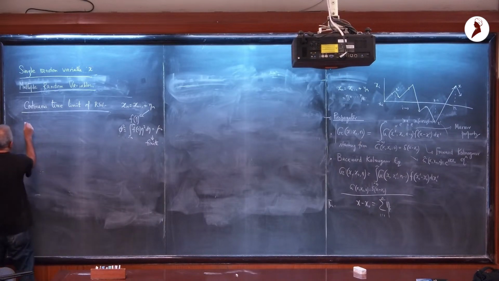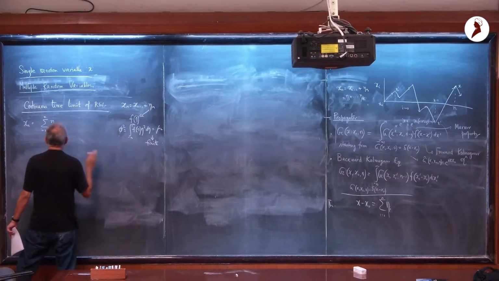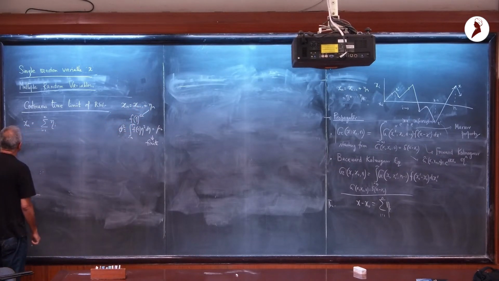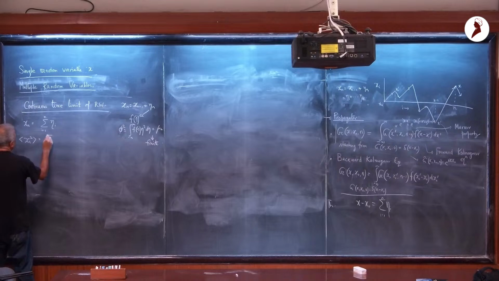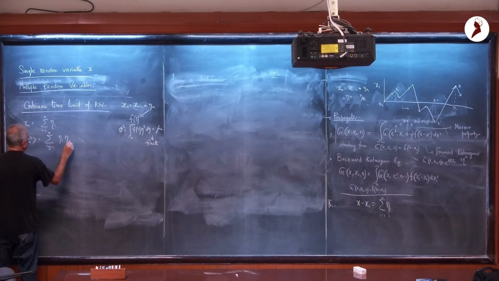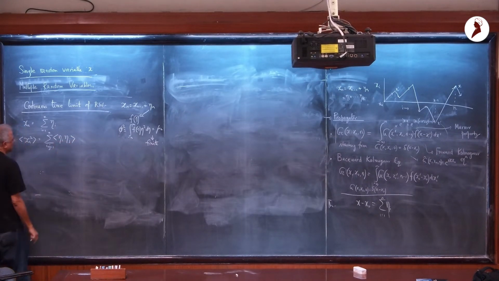Then x_n is the summation of eta_i, i equal to 1 to n, just iterating this equation. So this is a sum of independent random variables. If I calculate the variance of the position, x_n squared, this will be a double sum over i and j, but the eta_i and eta_j are independent noise when i is not equal to j.